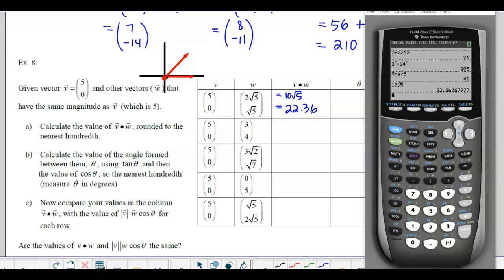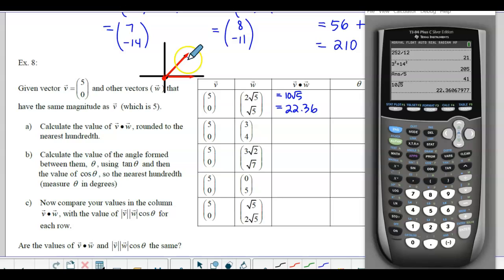Right? So we were calculating the dot product of v and w. Then it says calculate the value of the angle formed between them, theta, using tan theta, and then the value of cos theta to the nearest hundredth. That's why we're doing each row, so that we keep that in our calculator.